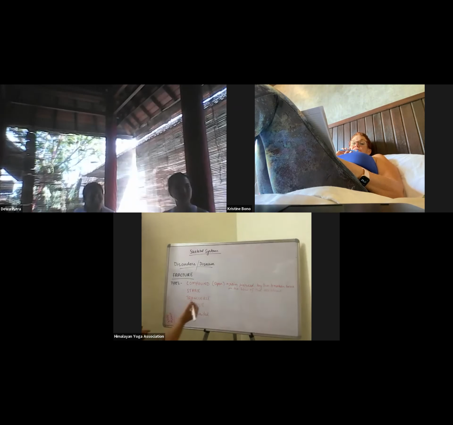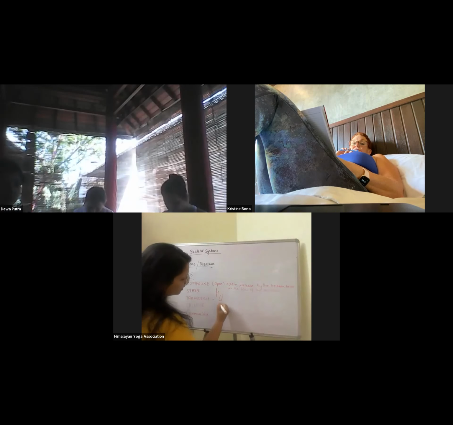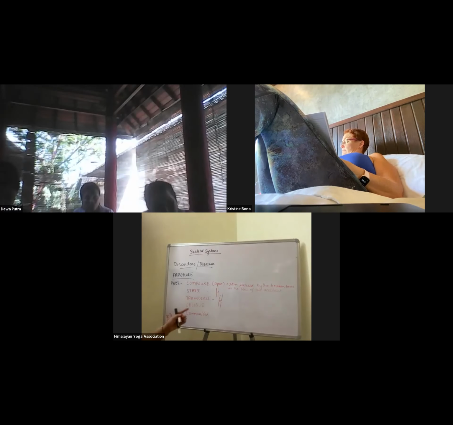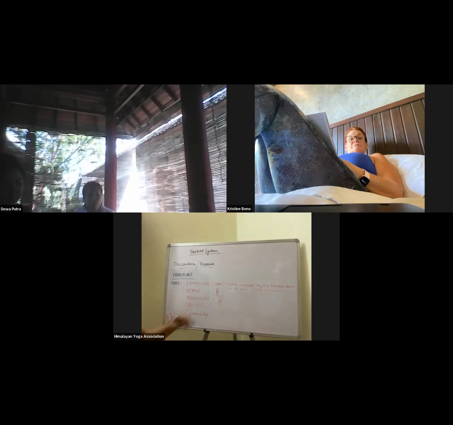Stable is nothing, just a crack in the bone. Transverse is when the angle is just horizontal.